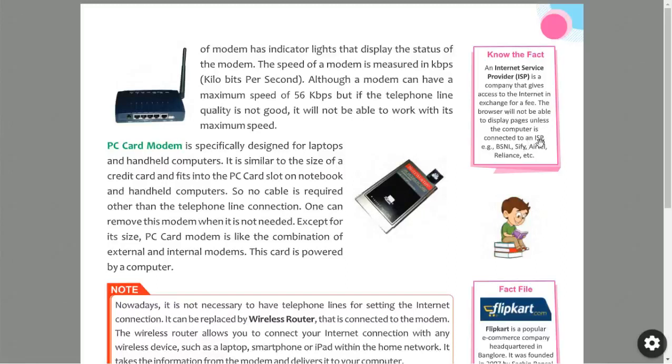For example, BSNL, Airtel, Reliance Jio, Vodafone, Idea. These are the ISPs, internet service providers. So that is one fact.